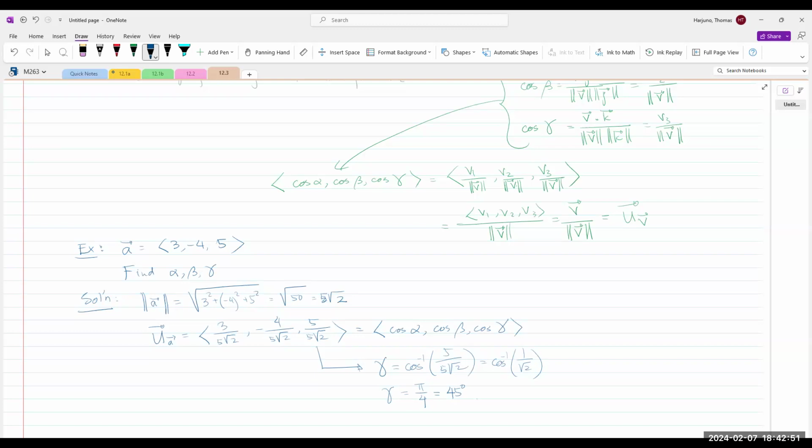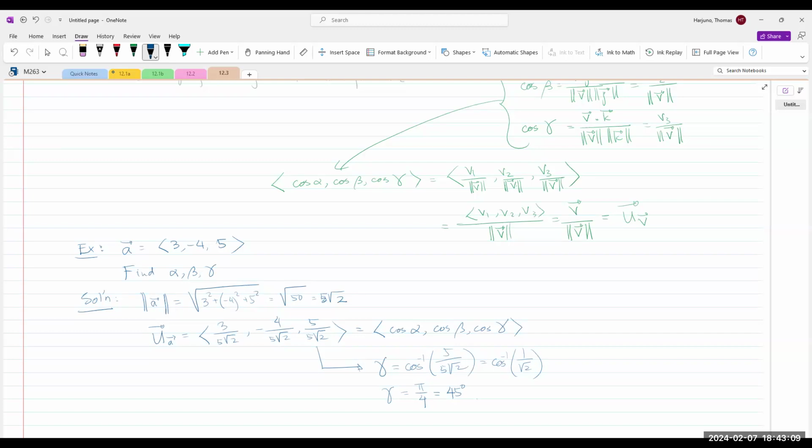Okay, now alpha, beta, especially gamma, are very important when you are designing an airplane, and they are being used, I believe, a lot when you design a fighter jet.